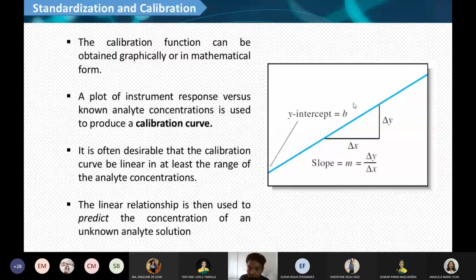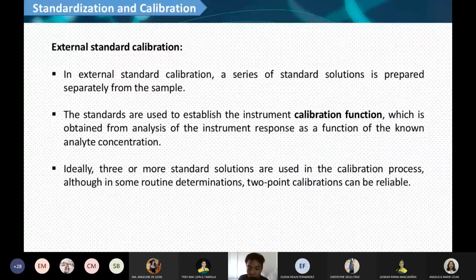Such as the slope, the intercept, inulit ko pala yung slope kanina. Basta yun. So, yun yung mga two properties na pwede natin gamitin when interpreting data for our calibration curve. Okay? So, we're done with the external standard calibration.